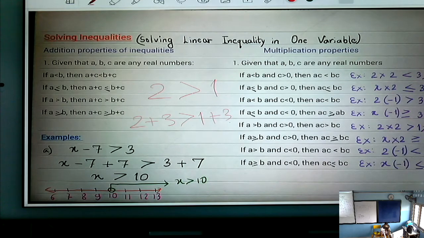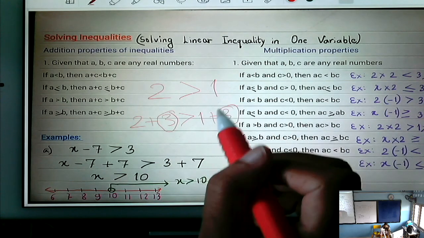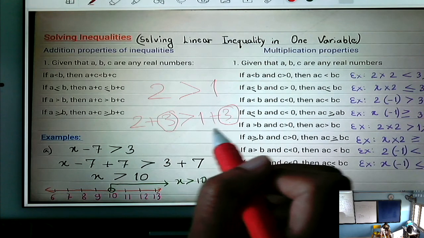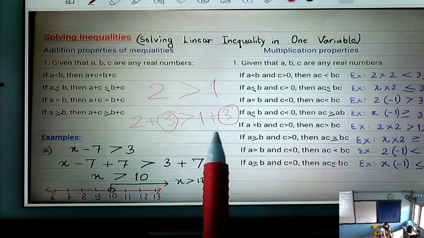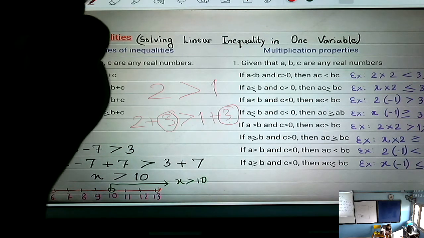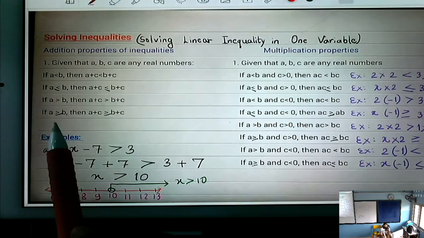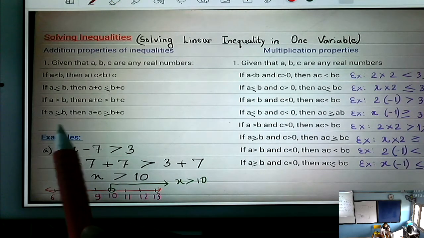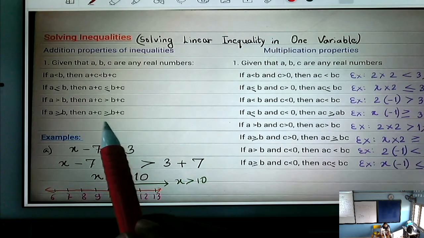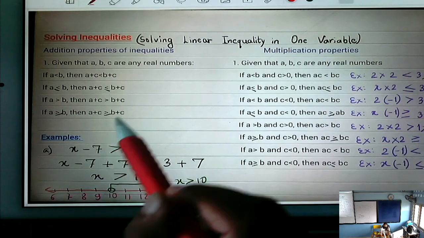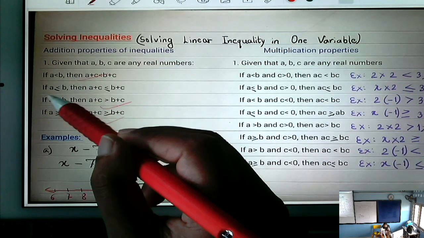Yes, because if you add 3 to both sides, their relation is still the same. Now similarly, if A is more than or equal to B, then A plus C is also more than or equal to B plus C. So this is same like this, and this is same like this.